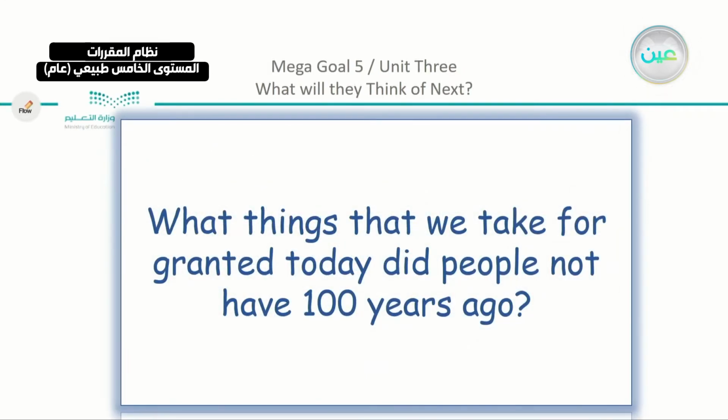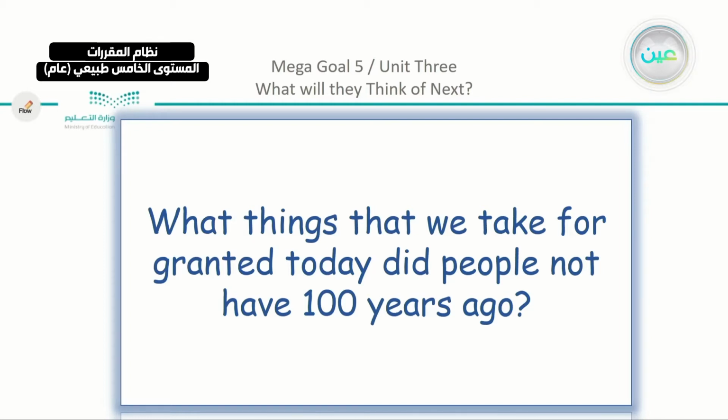this is the question that we discussed in lesson 1 in the unit, which is the listen and discuss. Now we have here, what things that we take for granted today did people not have 100 years ago? We discussed this question. There are many examples that were given, but maybe more and more, when you think about the topic, you get more thoughts about the topic.